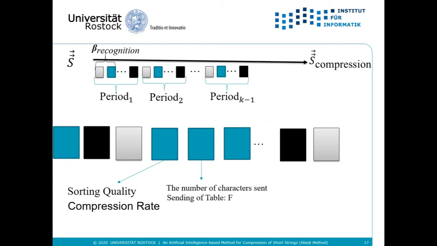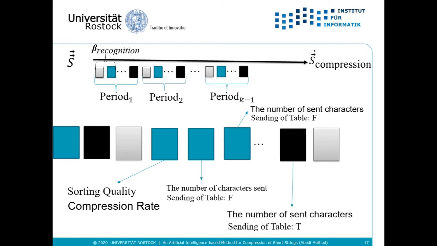This process is repeatedly done till the sorting quality value is in the worst situation. Here, the sending of table is true, which means that the table must be reordered and sent to the receiver.